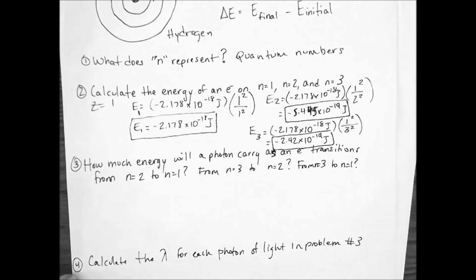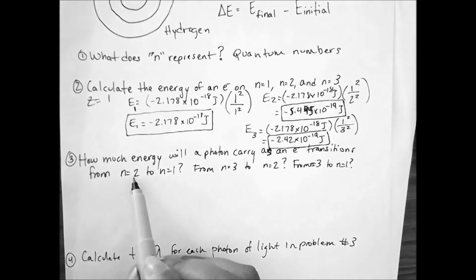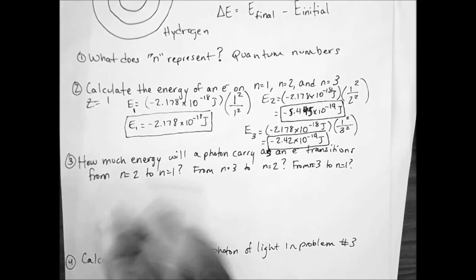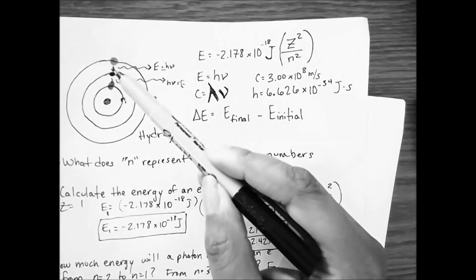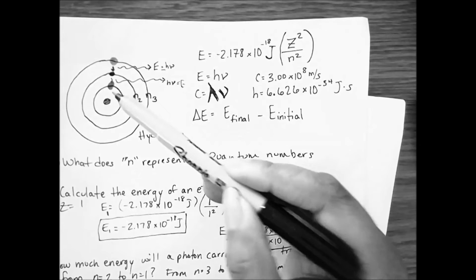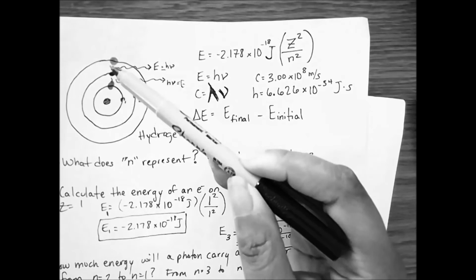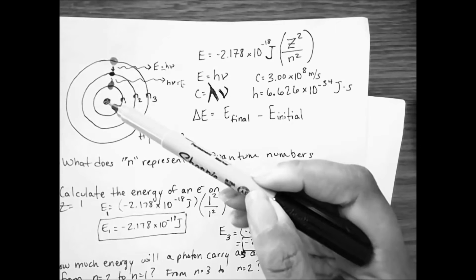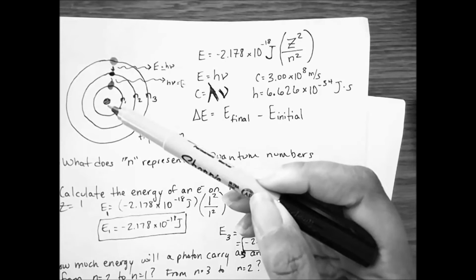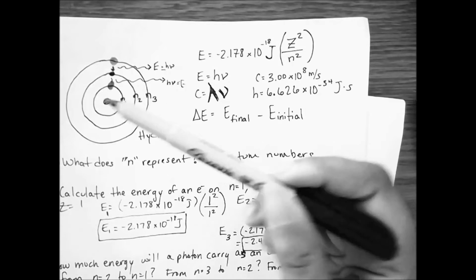So for this question, let's consider going from n2 to n1. So we're going to go from the second ring to the first ring. Where are we starting if we're going from the second ring to the first ring? We're starting on the second ring.